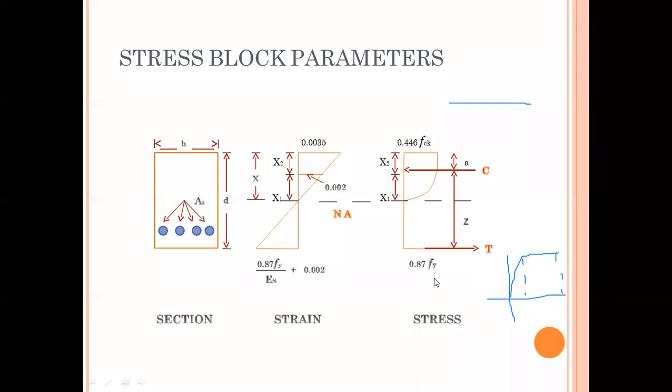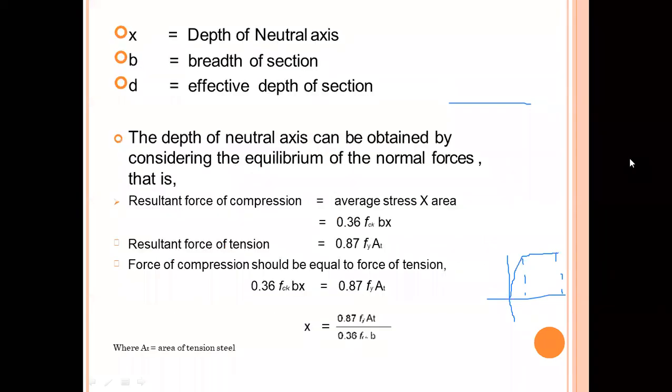Stress into area, we take 0.87 Fy. So now let us see. X is the depth of the neutral axis, B is the breadth of the section, D is the effective depth of the section. The depth of the neutral axis can be obtained by considering the equilibrium of the normal forces. The resultant force of compression is stress into area, 0.36 fck B into X, and the resultant force of tension is 0.87 Fy into Ast.